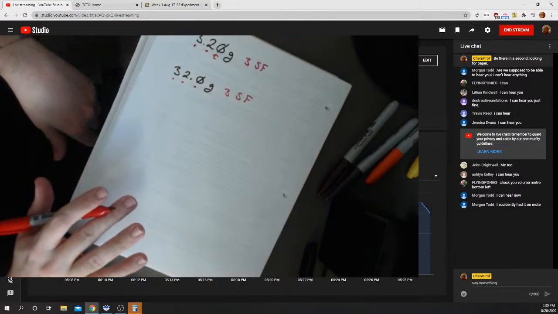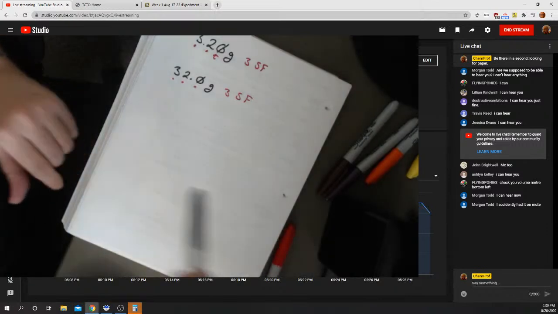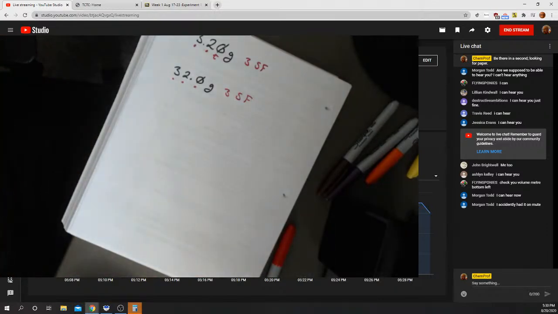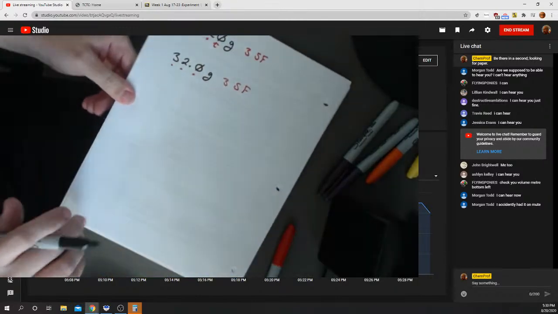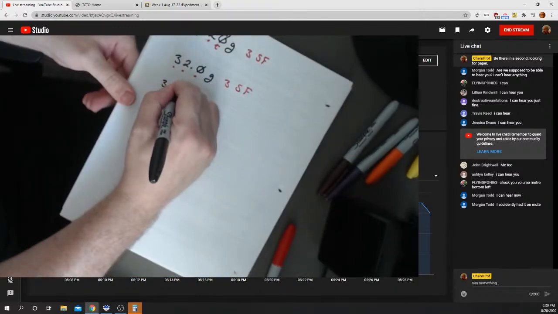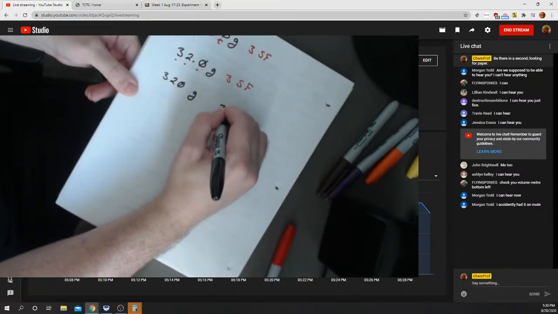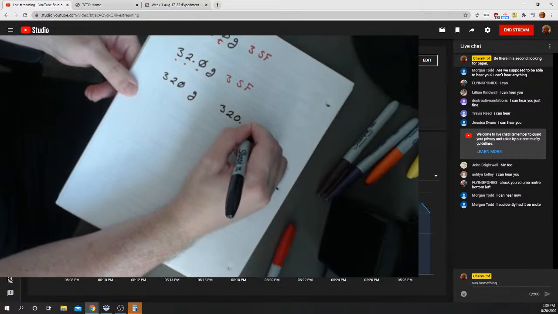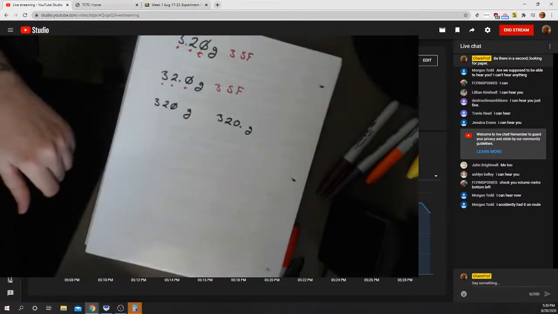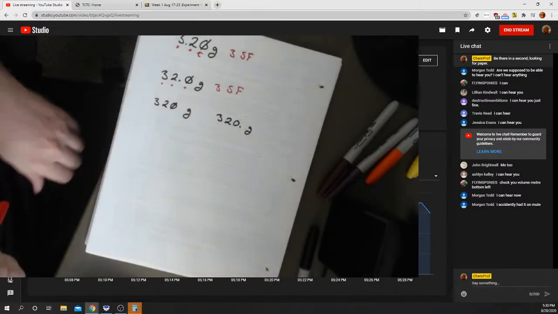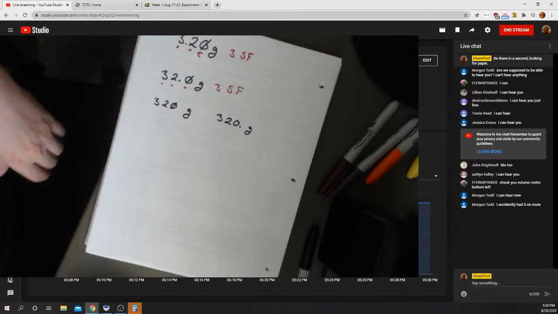Now we're going to get to a rule that bugs the ever-loving crap out of me. It's one I don't particularly care for, but it's one we are kind of stuck with. Either way, what we're looking at here is 320 grams.